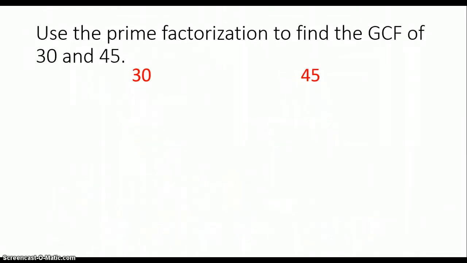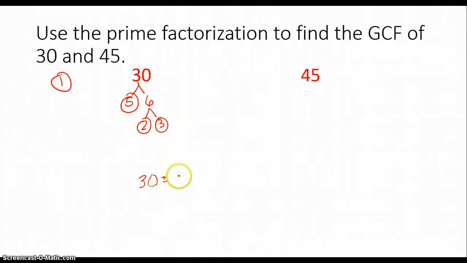Let's look at another example, just to make sure we've got this down pat. Step 1, I need to do my factor trees and find the prime factorization for each number. 30, while there are many ways to break down 30, I'm going to do 5 times 6. 5 is prime, so I'll circle it. 6 can be broken down into 2 times 3. 2 and 3 are both prime, so I'm going to circle those and write out my prime factorization.